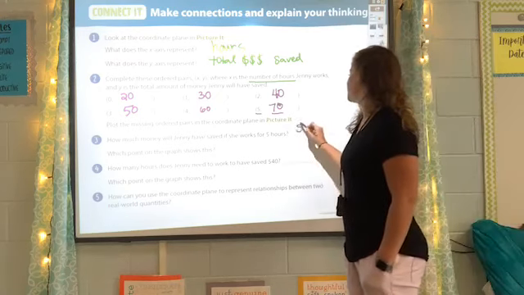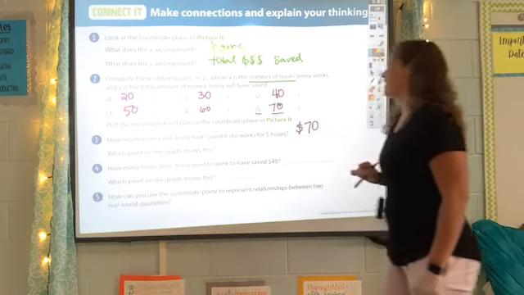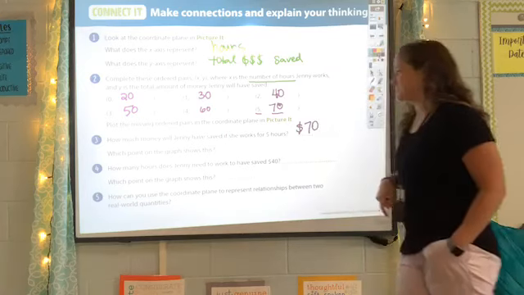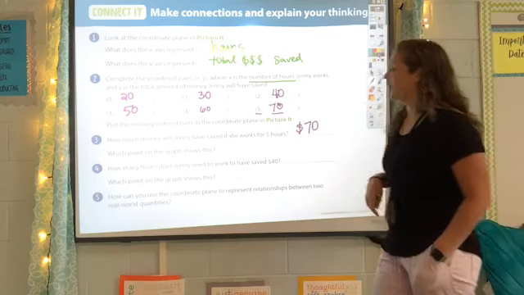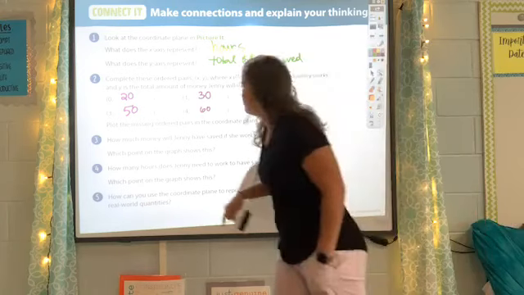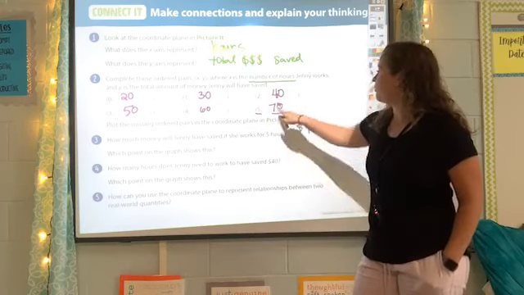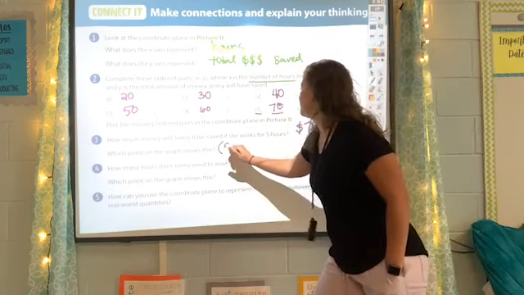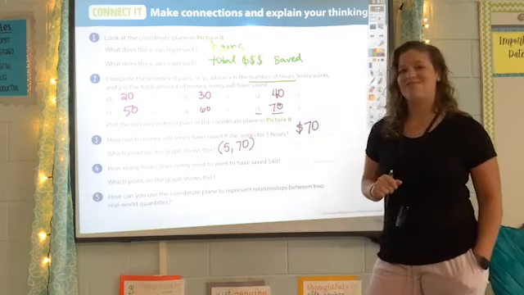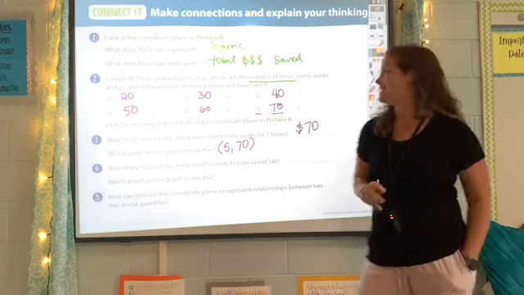So we know that she saved $70. Which point on the graph shows this? The ordered pair point that shows this is (5, 70), because the 5 represents the hours and the 70 represents the total money saved.